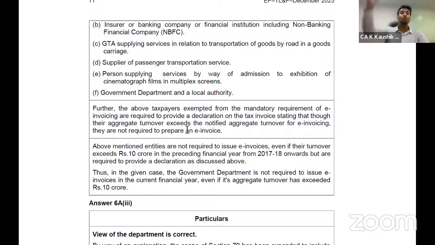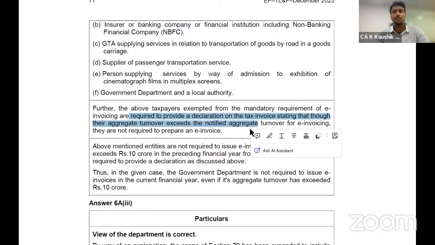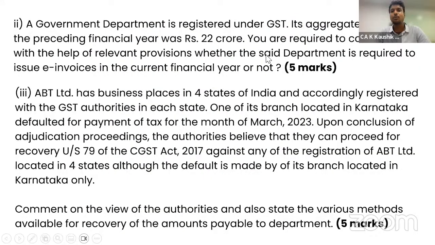But they will have to mention in their invoice that they are exempt; the turnover has crossed the e-invoicing threshold, but they have an exemption or relaxation for not issuing e-invoices. So a declaration is required. That is what you need to write, because you are required to comment with the help of relevant provisions whether they are required to do it or not. So this is the 5-mark question that they've asked on e-invoicing again.